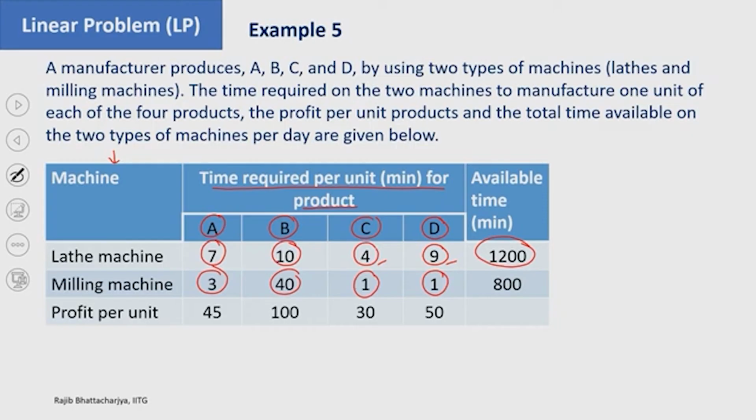The profit for product A is 45, then product B is 100, then product C is 30, and product D is 50. Now, we have to formulate an optimization model. Before that, the time available on the milling machine is 800. That means I can use the milling machine for 800 minutes.